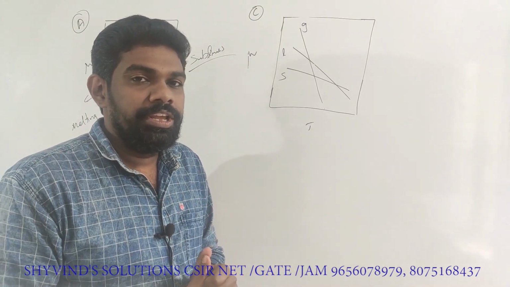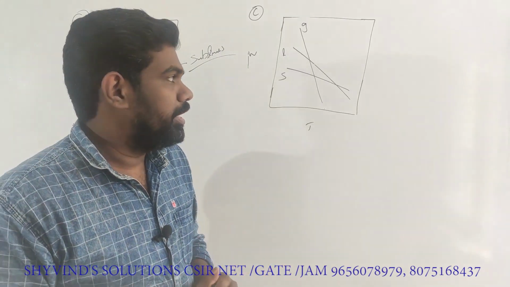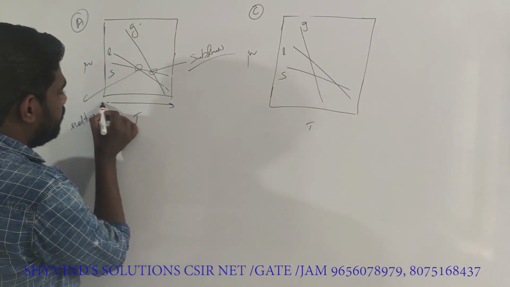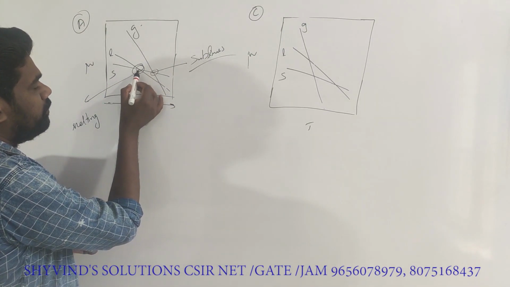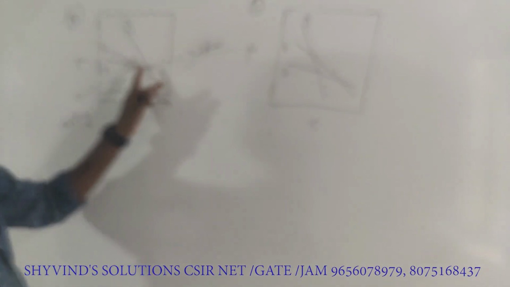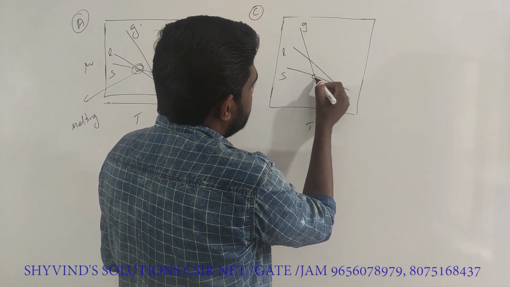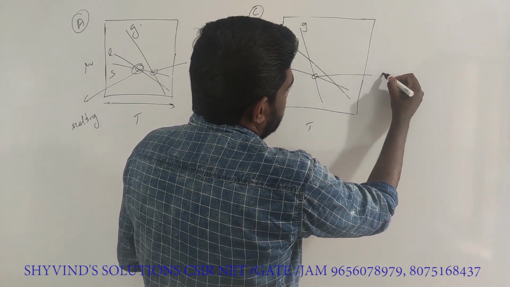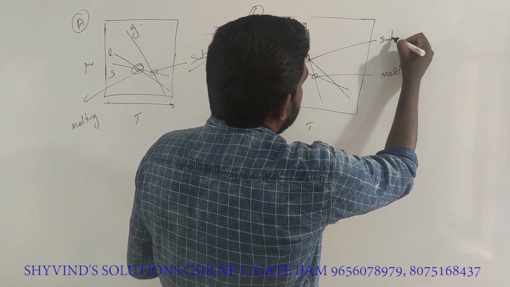So that means before reaching the melting point, it will reach the sublimation point. Here you can see, if you look at the temperature, this is at lower temperature, so first it melts, then only the sublimation takes place. But here if you look at the graph, this is the melting point, this is the sublimation point.